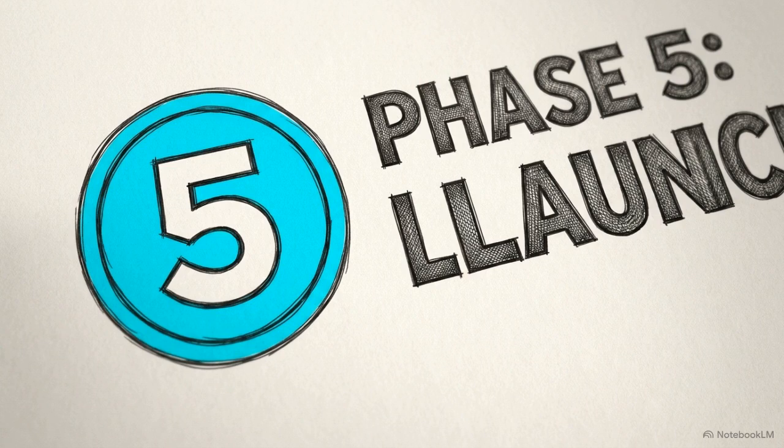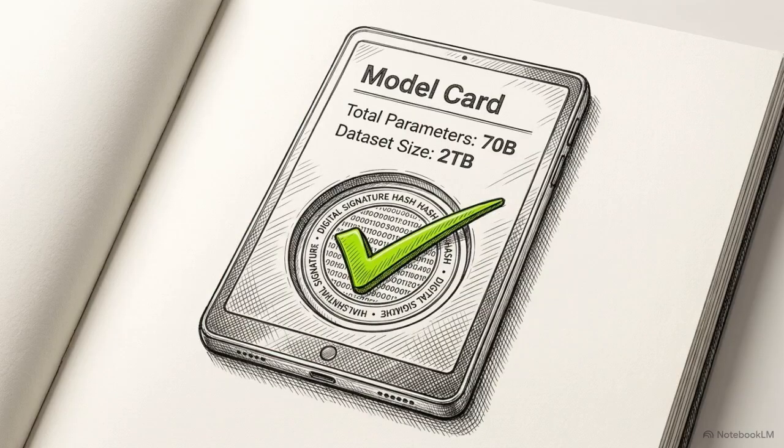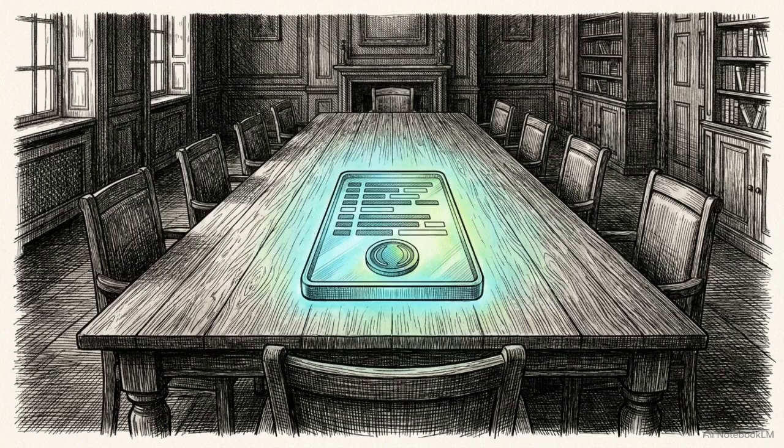The final phase manages the bureaucratic documentation required to push the system live. Step 13 requires a model signature and model card. The engineer compiles training metrics, hardware configurations, and security results into a standardized document, which is cryptographically signed and logged in the internal registry. Step 14 is the deployment review.